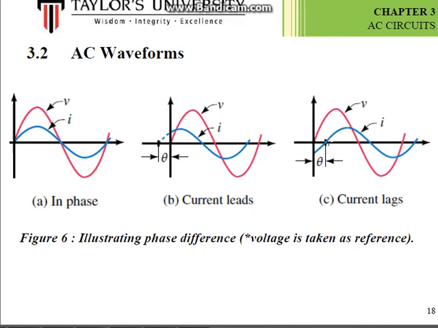But for this one, you can see that your V starts at 0, but your I only starts at 0 at some point over here. So the phase difference is over here, and since V starts first, we say that V leads I, or current lags voltage. So that's another way for you to say it.